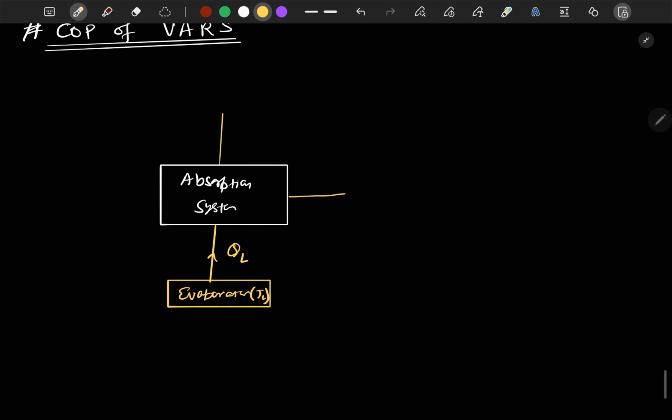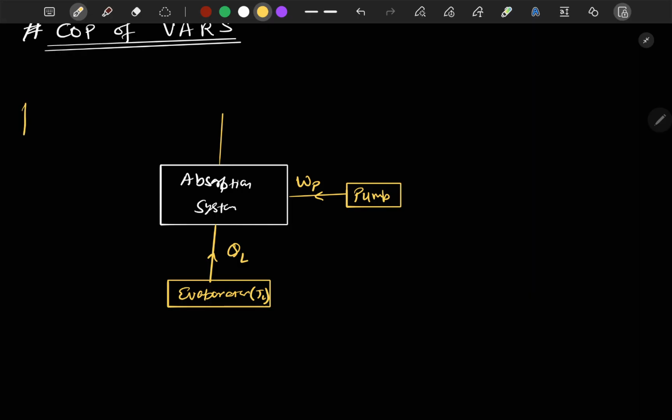This absorption system is further interacting with the pump, which is supplied with work W, the work done by the pump, W_P. There is also a generator.